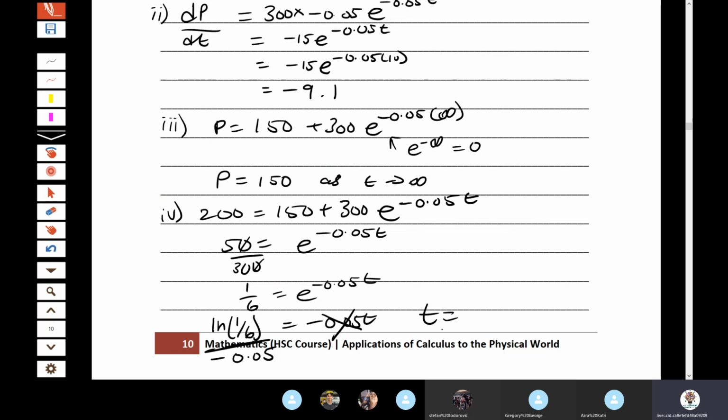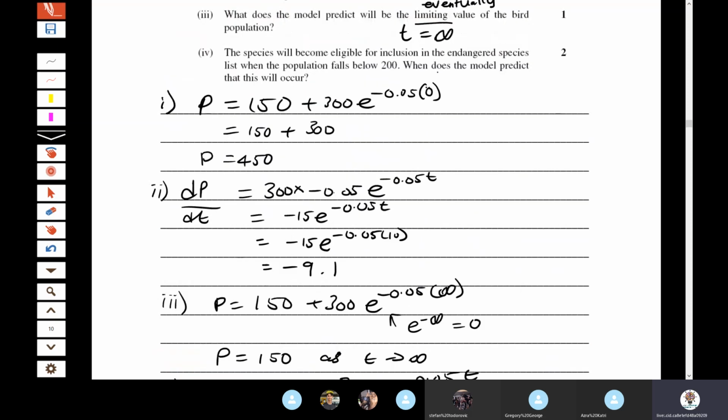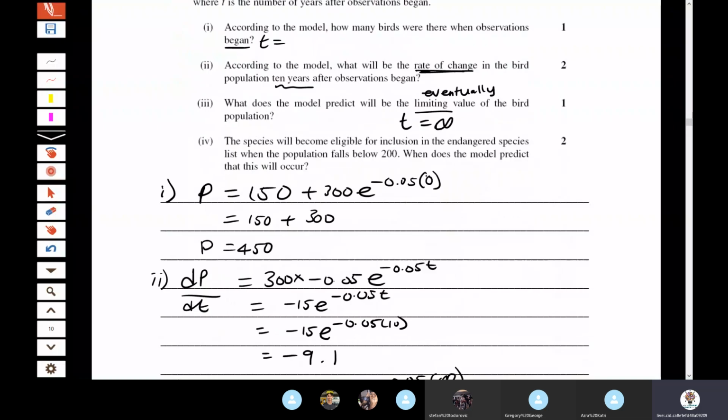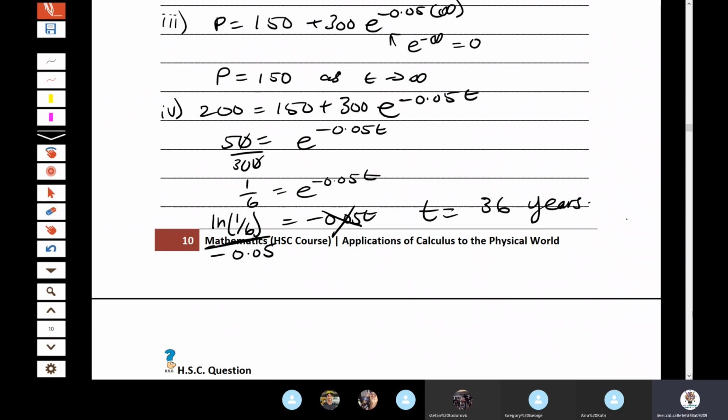Log 1 over 6 over negative 0.05. 35.8, 36. So what, 36 what? 36 years. When does the model predict this will occur? Did they give us a year they began with? Nope. 36 years. In the 36th year. It will go below.